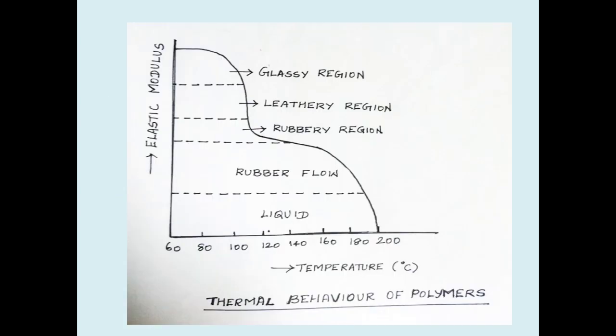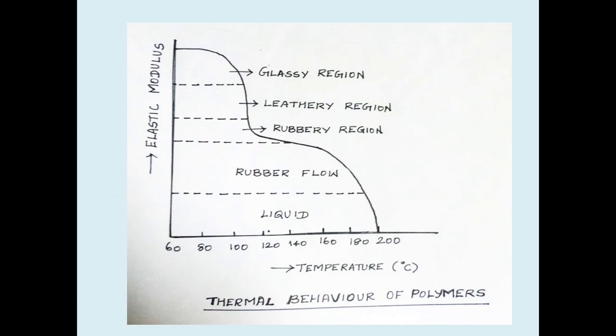This is the plot which shows the variation of elastic modulus of a polymer with respect to an increase in the temperature. In this plot we can see there are 5 regions. The first region is the glassy region, the second region is called the leathery region, then the rubbery region, rubber flow and liquid. So, with the increase in temperature, the elastic modulus drops.